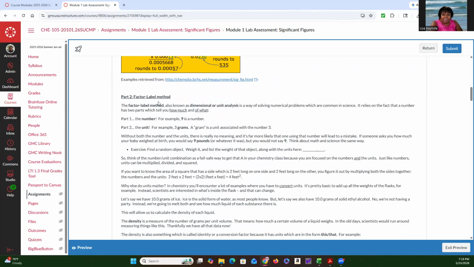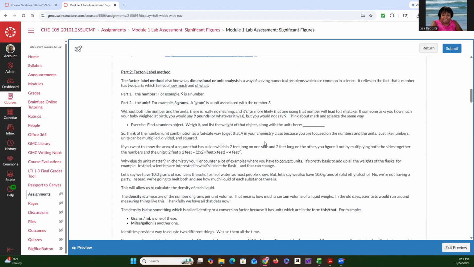The next thing we look at is the factor label method. In the factor label method, this is where we're going from one unit to the next. We looked at it previously with the conversion assignment, all right? And so if we look at another example, I want to note that when we are looking at calculations involving units, all right?